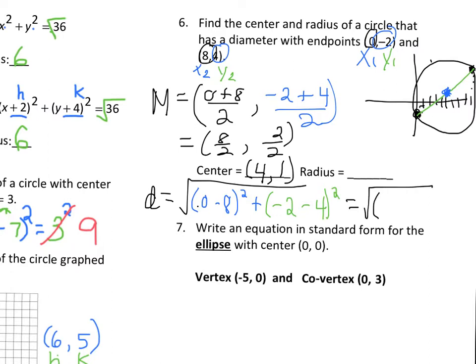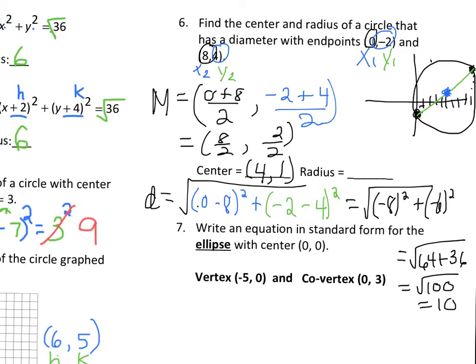We're going to get -8 squared and -6 squared. And if you remember, -8 squared is 64, -6 squared is 36. That's the square root of 100, which is 10. So it's 10 all the way across the circle, but we only want half of it. So the radius is 5 units.